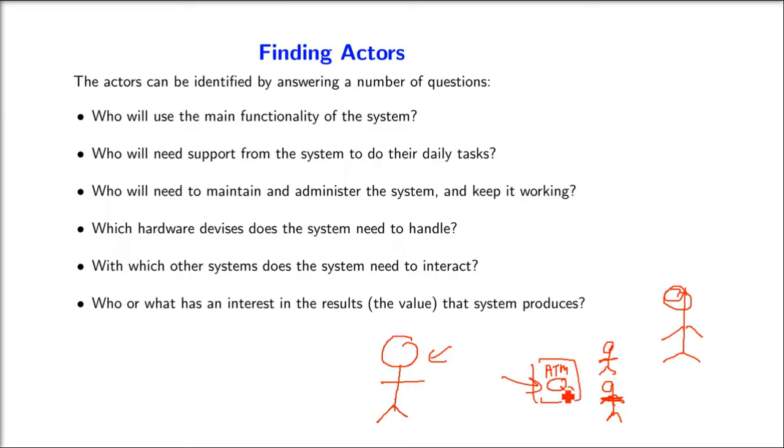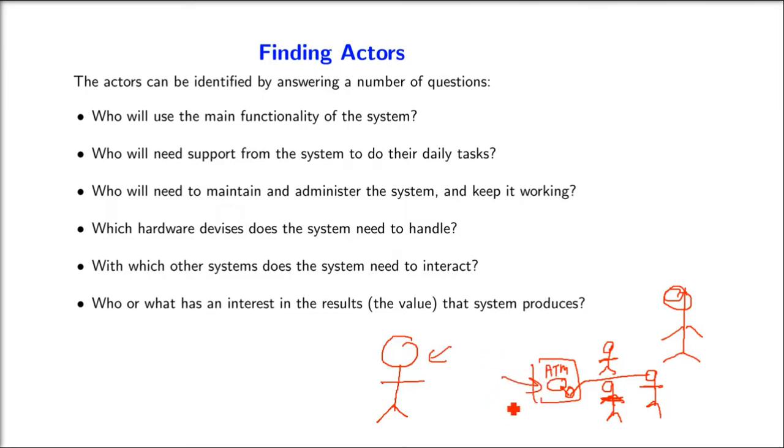The system interaction: this whole system which we are making may be interacting with some other system, and that can be an actor. So another system can be an actor. And also, what are the system results and who is interested in these results? Those who are interested in the results are going to be actors.